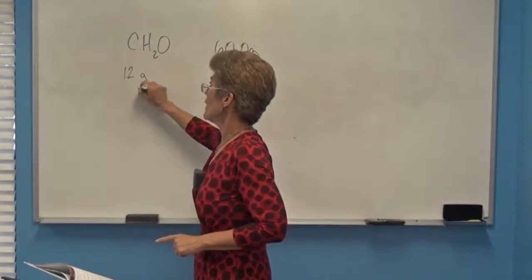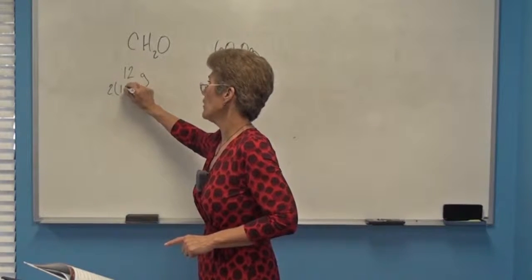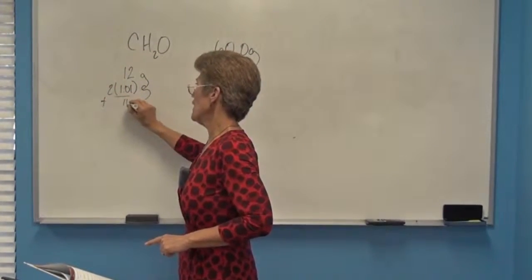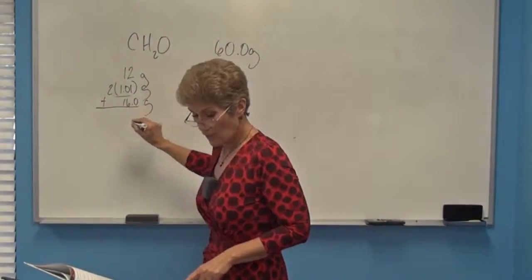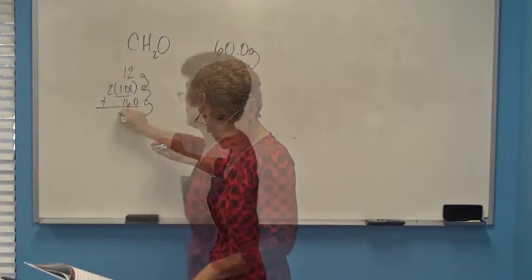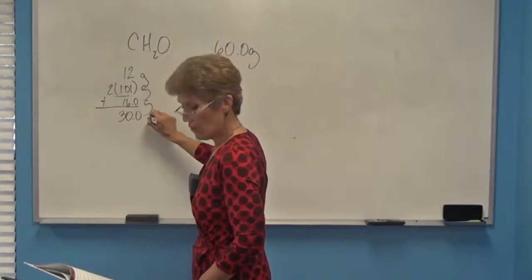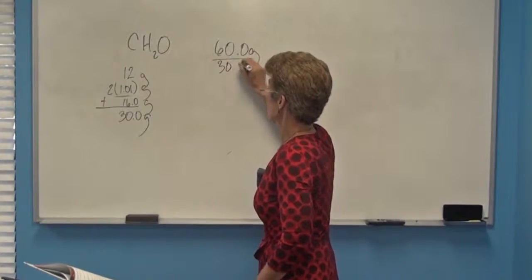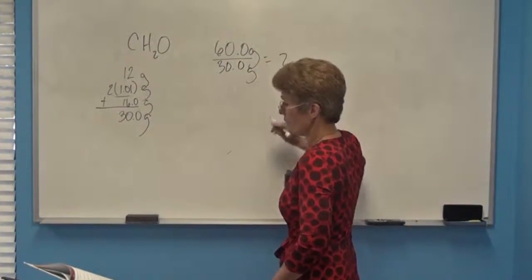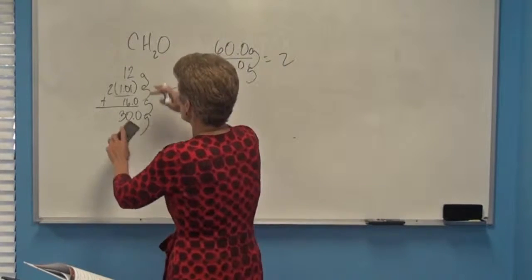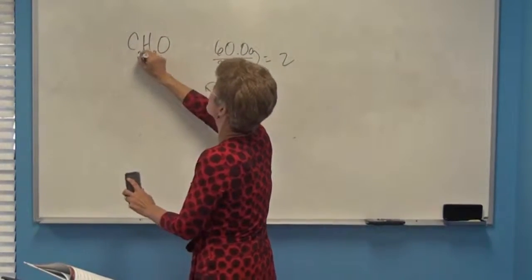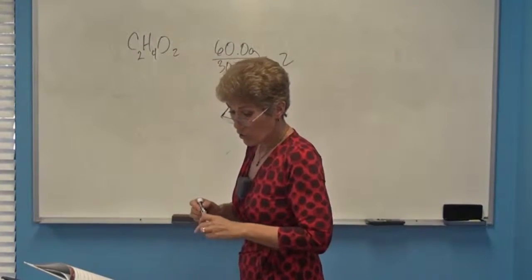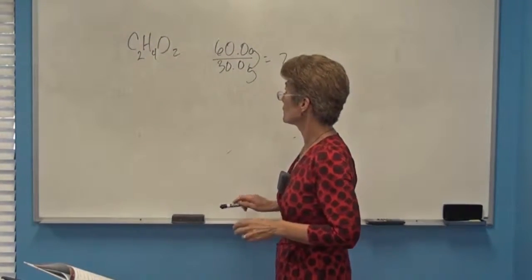This is 12 grams plus 2 times 1.01 grams, plus 16 grams, and that's going to actually give us 30 grams. And so when we divide 60 by 30 grams, it's going to give us 2. So for the molecular formula, we would just multiply this through by 2. And so that would be your molecular formula.